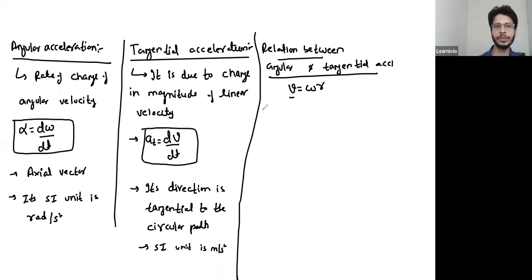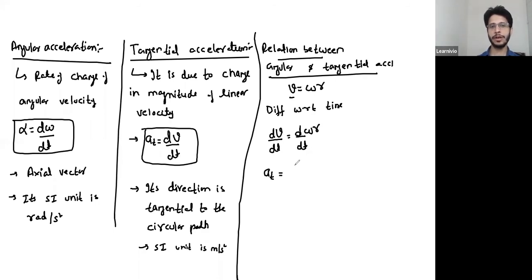If I differentiate this with respect to time, dv over dt is tangential acceleration. You take r as a constant and are left with d omega over dt, which is angular acceleration. So tangential acceleration is r alpha.